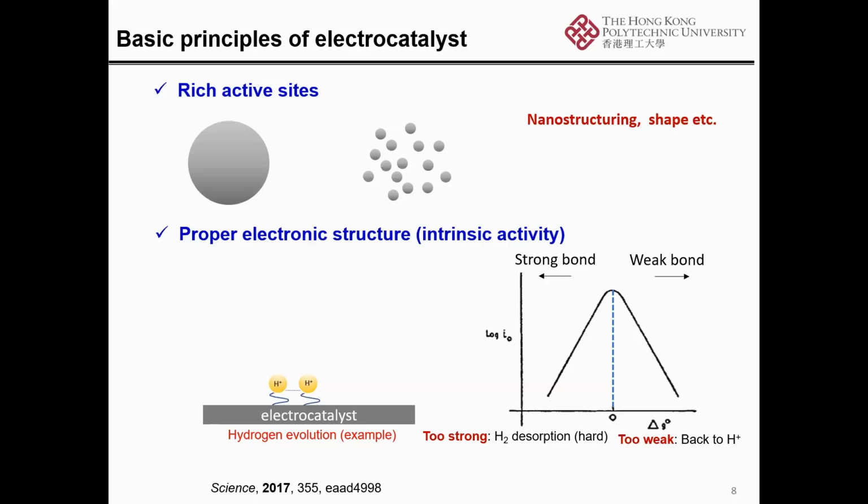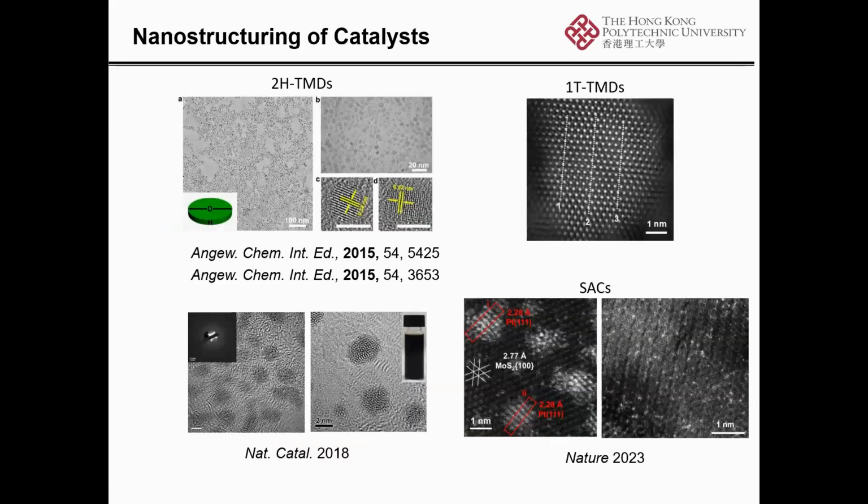So the two ways are used to produce the catalyst, which is to enrich the active sites and also to give a proper intrinsic activity for producing some chemicals. Previously we did some materials, and the first one is to reduce the size of the materials.